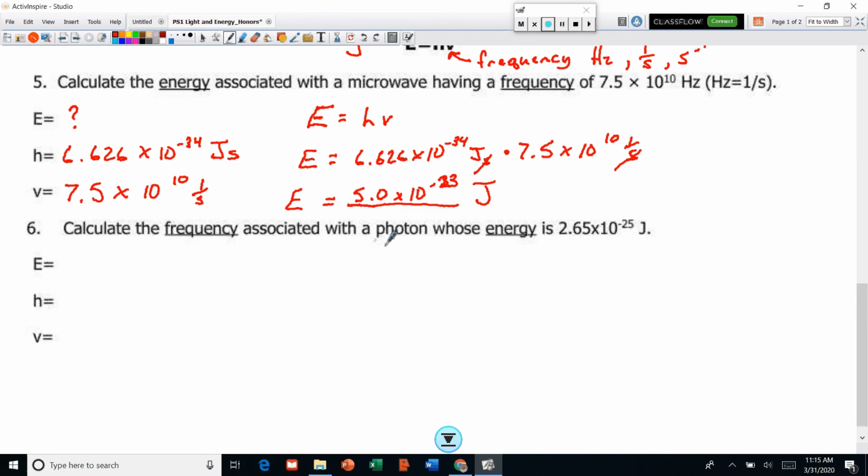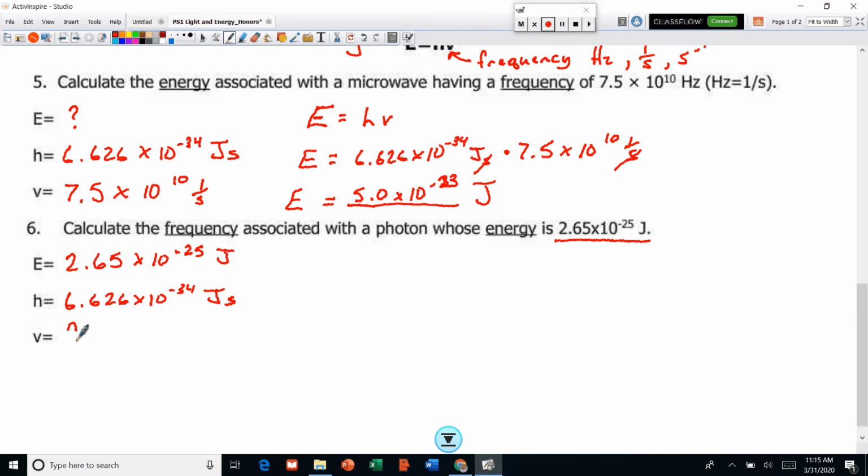Calculate the frequency associated with a photon whose energy is 2.65 times 10 to the negative 25 joules. So 2.65 times 10 to the negative 25 joule. We know Planck's constant, 6.626 times 10 to the negative 34 joule seconds.